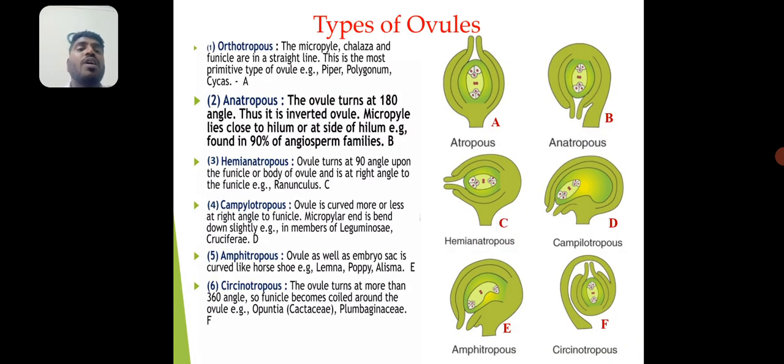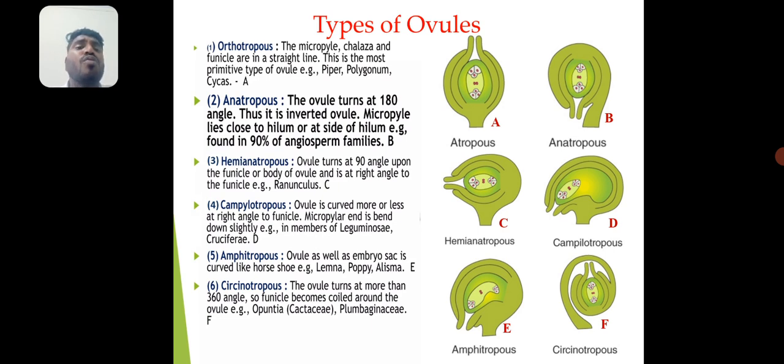Types of ovules: there are six types. They are orthotropous, anatropous, hemianatropous, campylotropous, amphitropous, and finally cycloptropous. The orthotropous ovule is straight and is the most primitive type of ovule. Example plants: Piper and Polygonum.